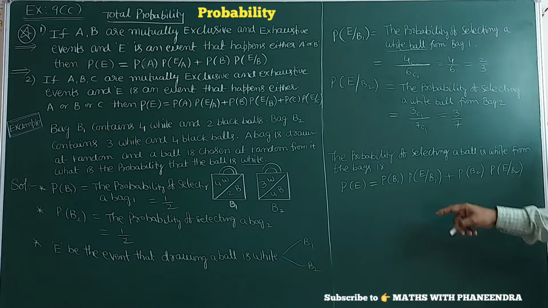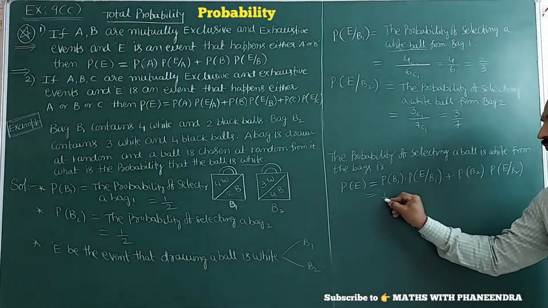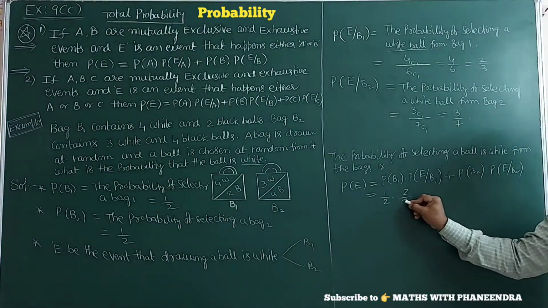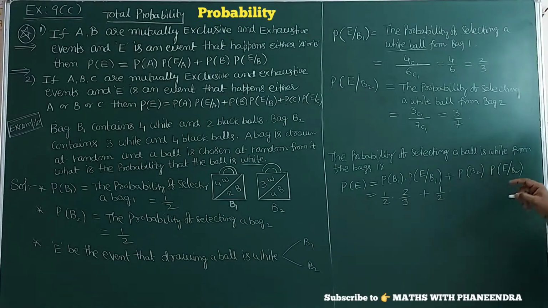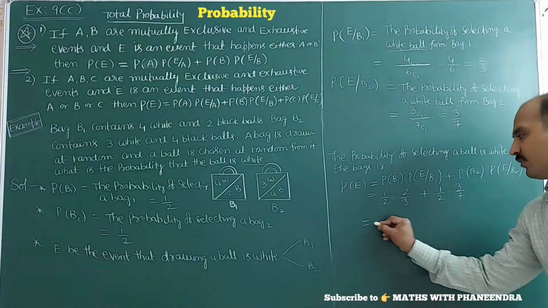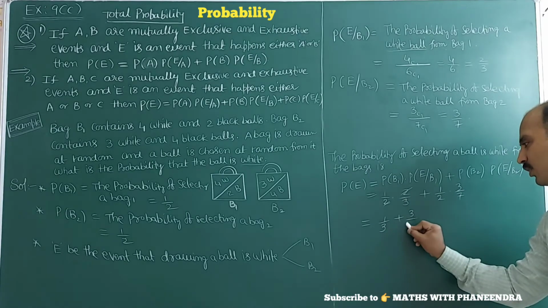Both the answers we have. P of B1, what is P of B1? 1 by 2. P of E by B1, 2 by 3. Plus P of B2, 1 by 2. P of E by B2, 3 by 7. So here, 2 get cancelled, 1 by 3 plus 3 by 14.